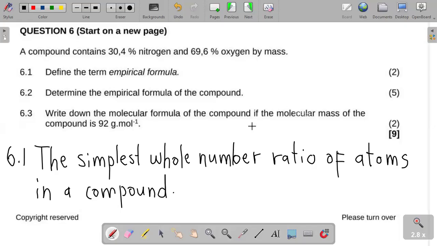This is the definition for empirical formula.